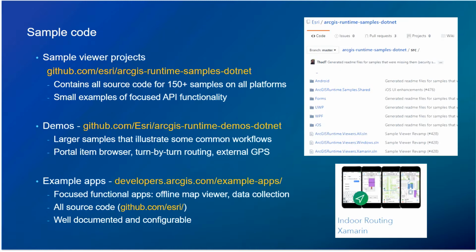There's approximately 150 samples for each platform. So for .NET, that means 150 samples for WPF, UWP, Android, and iOS. So it's quite an effort to maintain all those samples, but what they are is small, granular examples of focused API functionality. For bigger examples, we also have a demos repo.